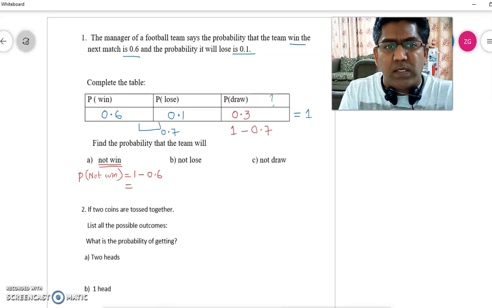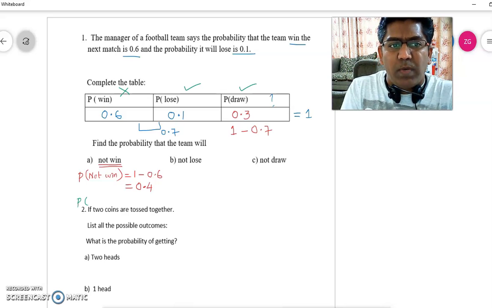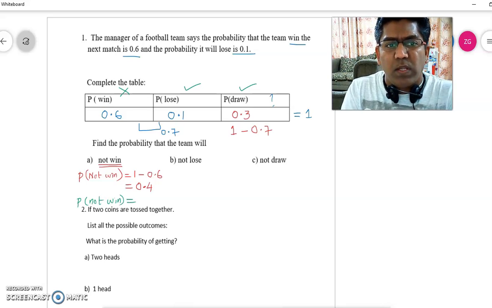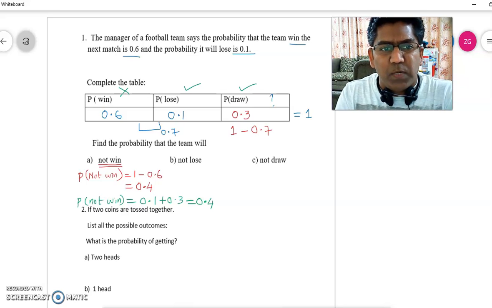So my answer here is 0.4. I can do this in a second way also. If you don't win, it means either you lose or you draw. So you add these two. Probability of not winning is the same as probability of losing plus probability of drawing. So you add 0.1 and 0.3. The answer is the same, 0.4. So this particular question we can do in two ways.